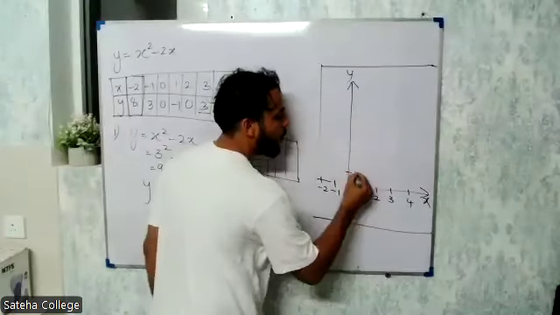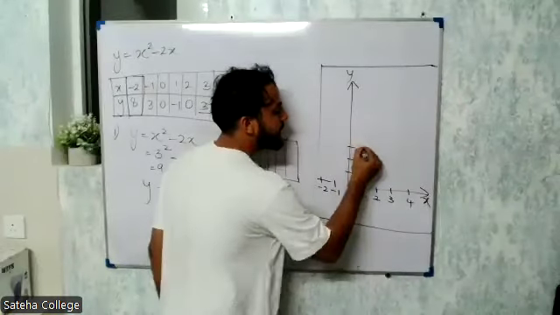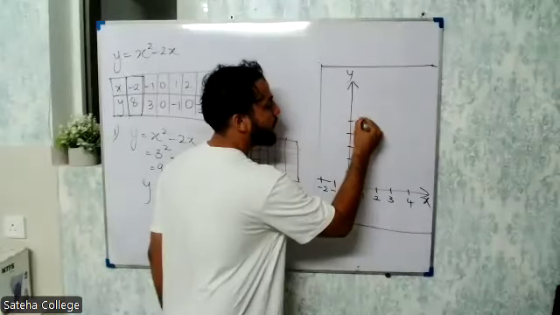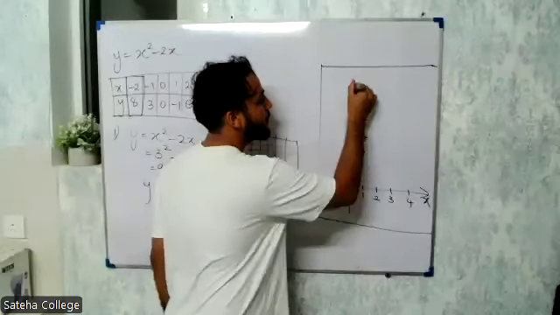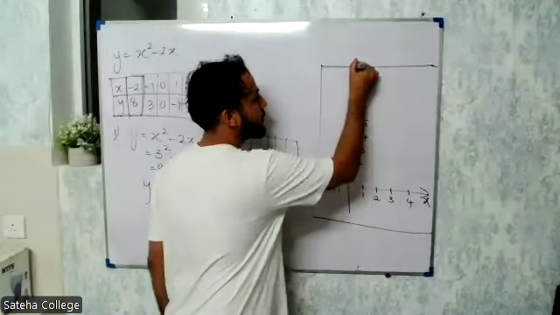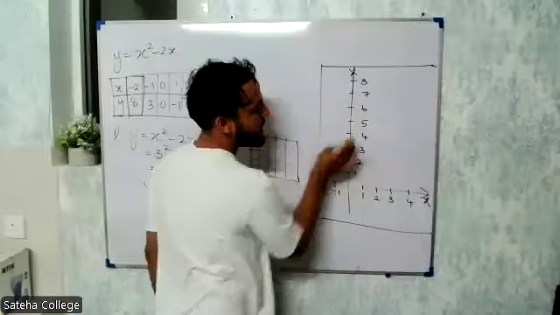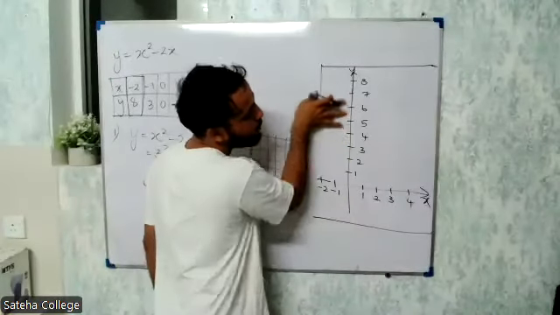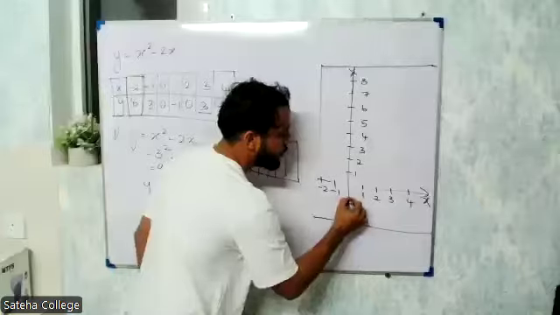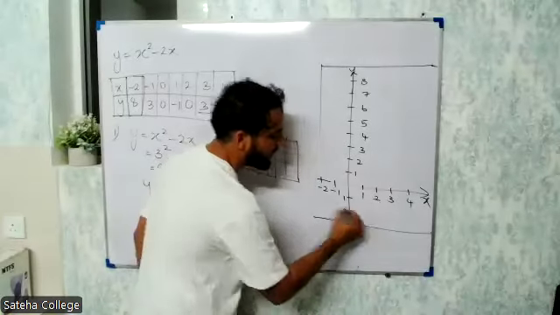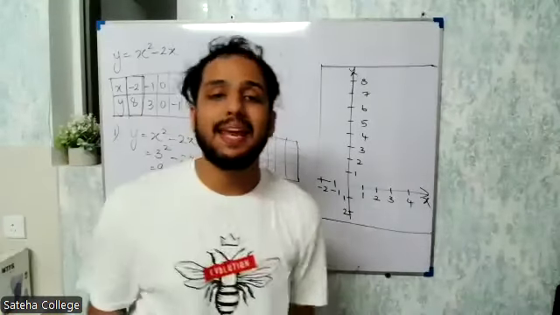Okay, 0, 1, 2, 3, 4, 5, 6, 7, 8. Each of these should have 2 large boxes between them. Okay. So then here you have 1, let's put 2 here. Right. Now your Cartesian plane is ready.